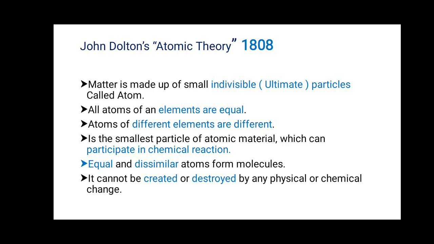Then atoms of different elements are different. Then the atom is the smallest particle of material which can participate in a chemical reaction. Equal and dissimilar atoms form a molecule. And the last one, it cannot be created and cannot be destroyed by any physical or chemical changes.